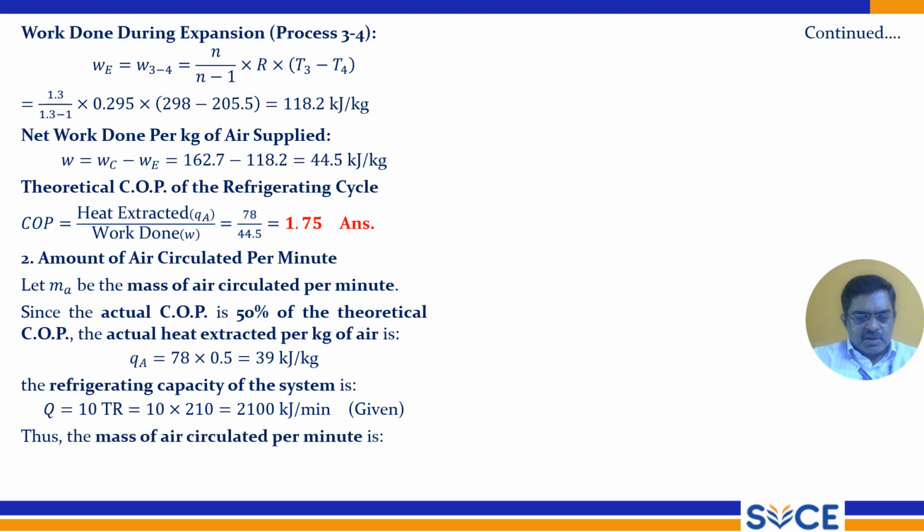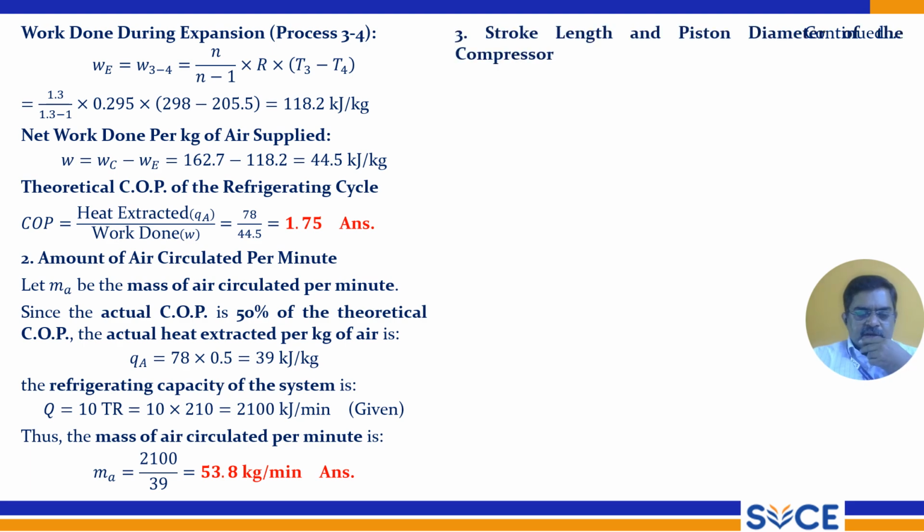That is given, and from that the mass of air circulated per minute can be calculated. MA equal to 2100 divided by 39, that is equal to 53.8 kg per minute, and this is the answer. And from there we can go and calculate the stroke length and piston diameter of the compressor.